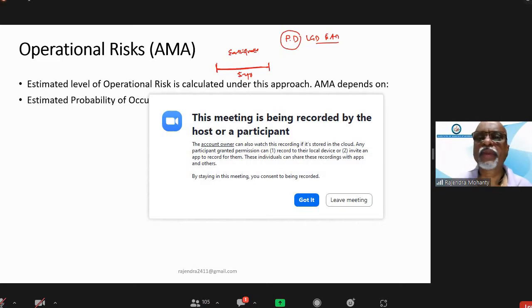Okay, so we can say that those occurrences which have happened are very, very minor in nature, and it is not at all damaging. And if at all damaged, then that damage is very, very less.